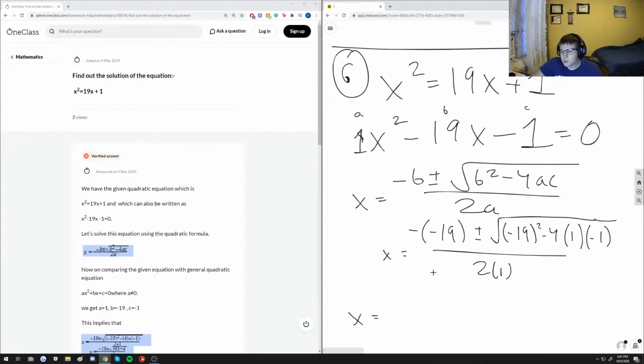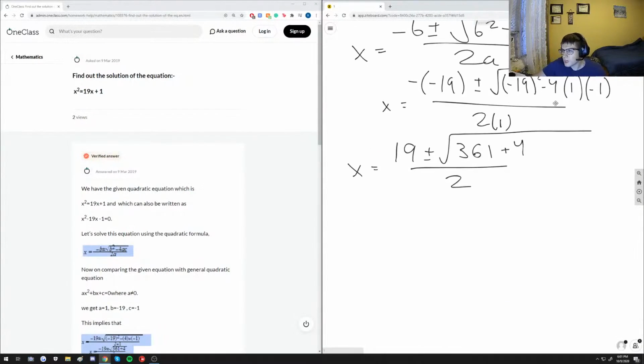So simplifying a little bit, negative 19 gives us 19 plus or minus, 19 squared is, just to quickly evaluate, 361. And then a minus 1 times minus 4 is actually plus 4, so we can do plus 4 over 2. 2 times 1 is 2.